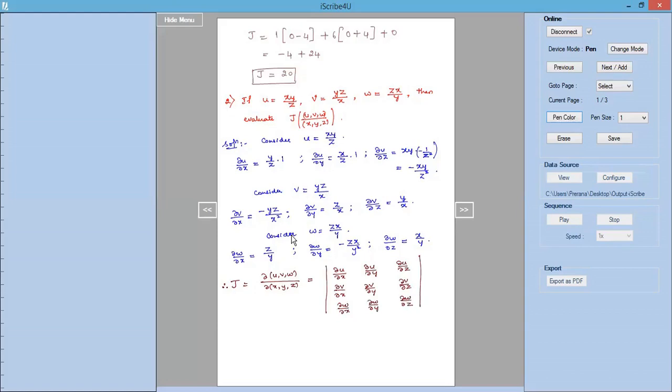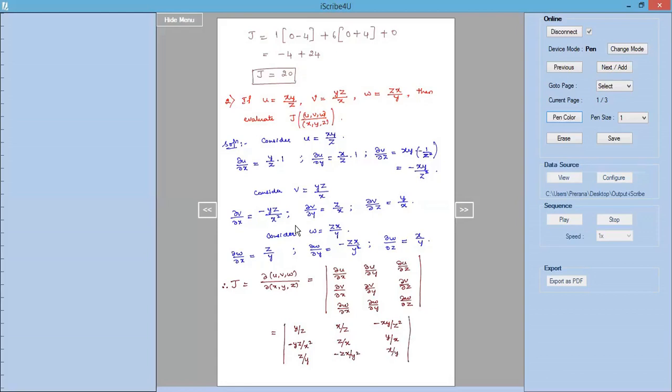Now we will substitute the partial derivatives. I expand the determinant later. So this in turn is equal to first row y by z, x by z, minus xy divided by z square. Second row minus yz divided by x square, z by x, y by x. Third row z by y, minus zx divided by y square and x by y, under 3 cross 3 determinant.